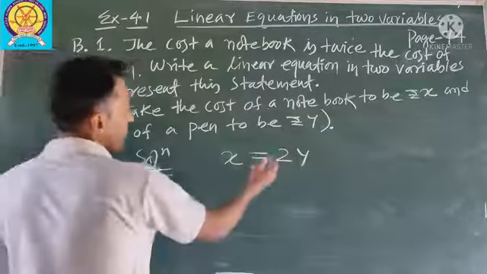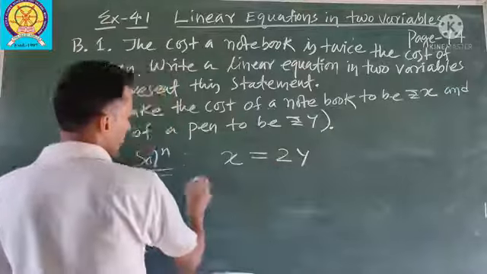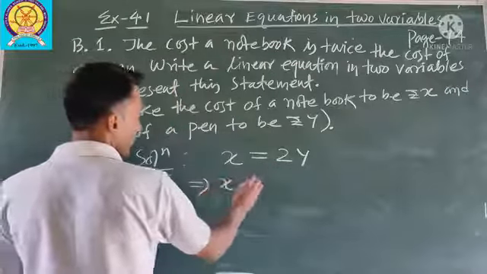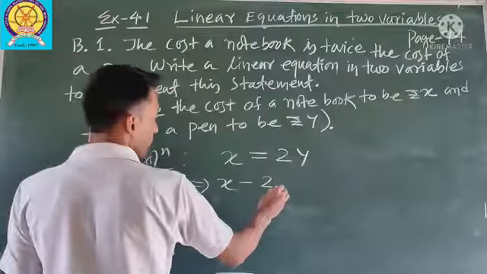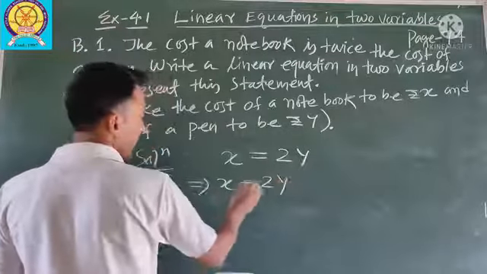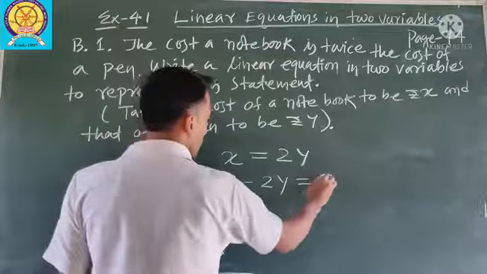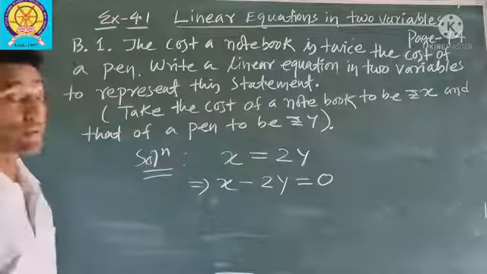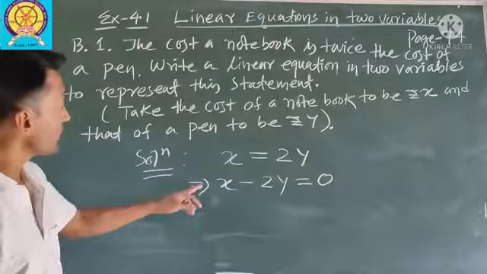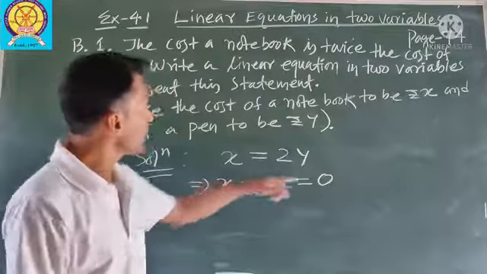So X is equal to 2y. So this 2y you take to the left side, then it becomes negative. So X minus 2y is equal to 0. This 2y only we take to the left side, so the right side will be 0. So this is your linear equation for this statement.